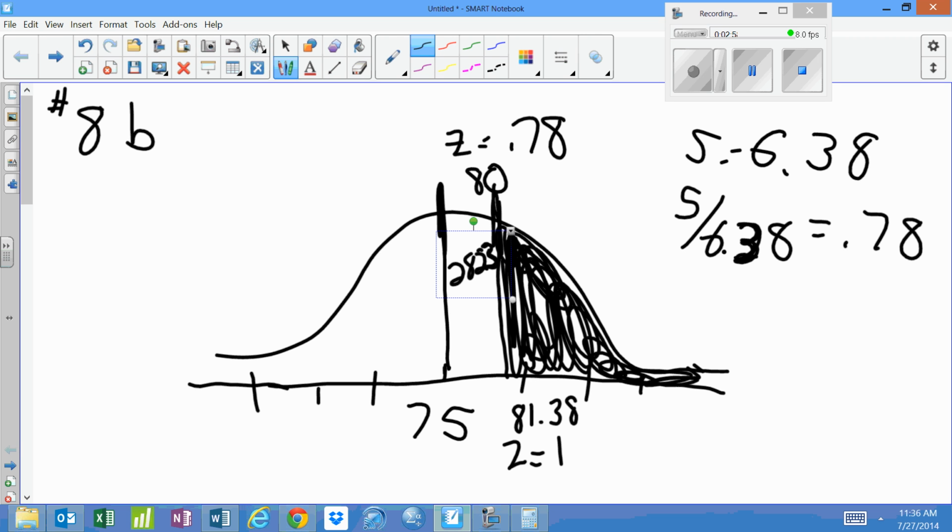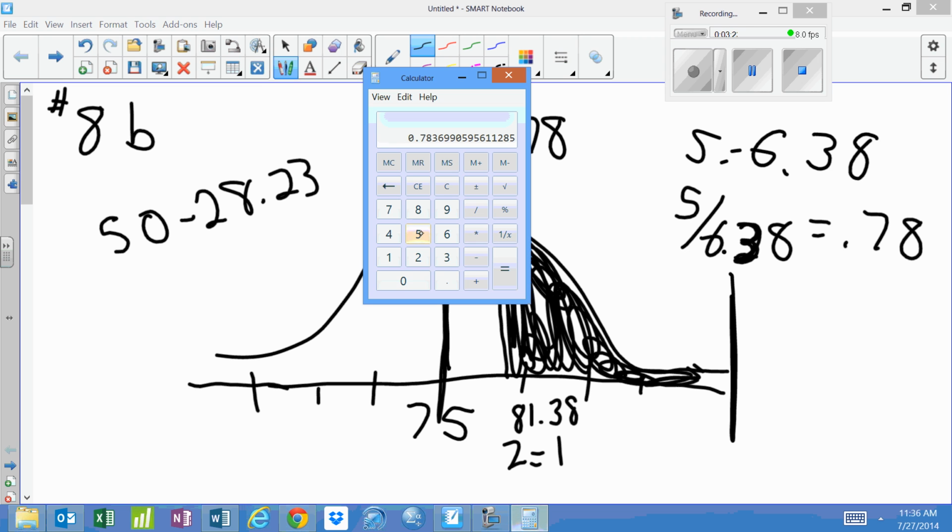Now to solve it, we need to figure out the distance above 80. So to find the distance above 80, we know that from the end of our graph to our mean, we have 50. So to find it, all you need to do is take 50 minus the non-shaded region, which is the 28.23.